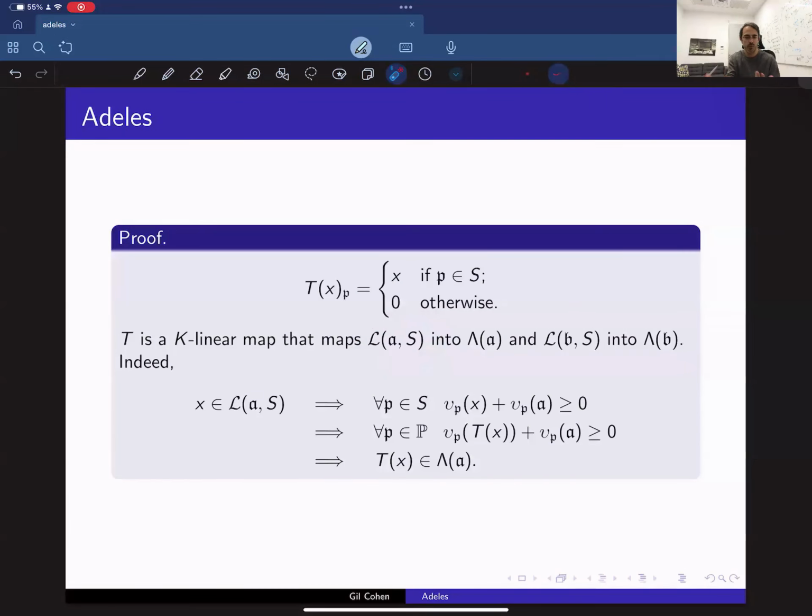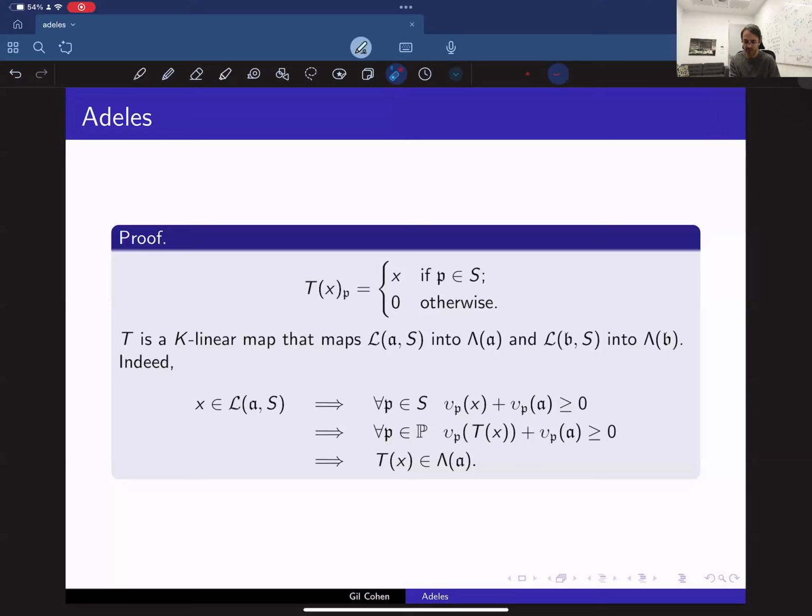So let's see why this is true. We're going to prove this with A, but it's the same thing if you have B instead. So if you start with x in this truncated Riemann-Roch space, then what does it mean? It means that for every prime divisor P in S, the valuation of x at P plus the coefficient of the divisor A at P is non-negative. And I can now extend it from S to all P and replace x by T of x, because T of x outside of S is 0.